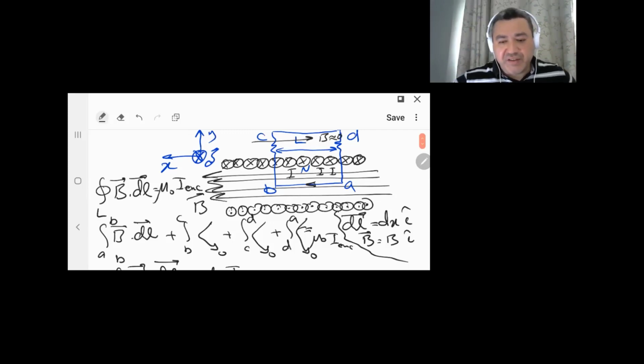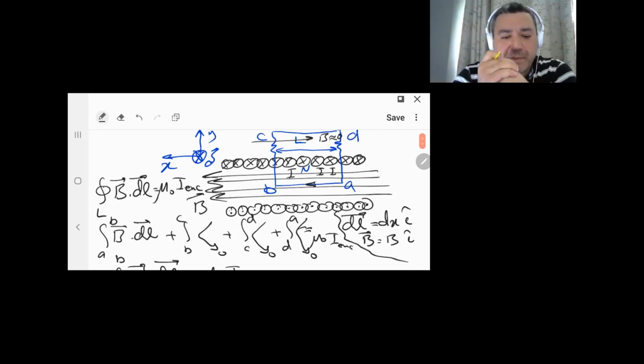So if you divide this N by this L, you get what's called the number of turns per unit length. So you're getting the rate of this solenoid. This amount of length is going to give you this number of turns. If you increase the length, you're going to get more turns that are captured within the Amperian loop.